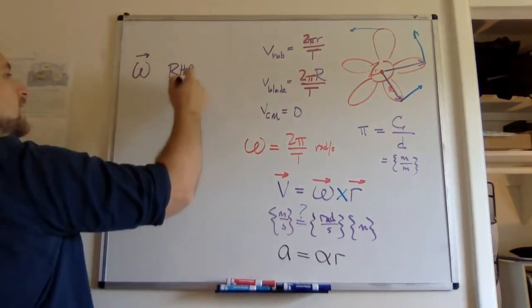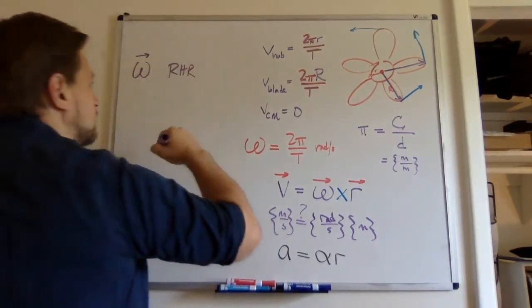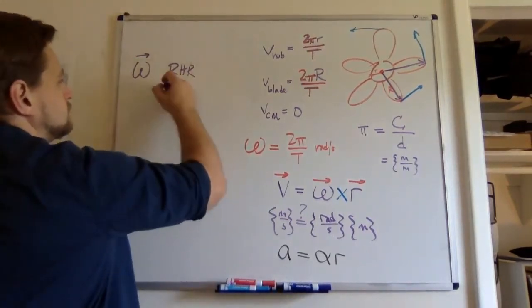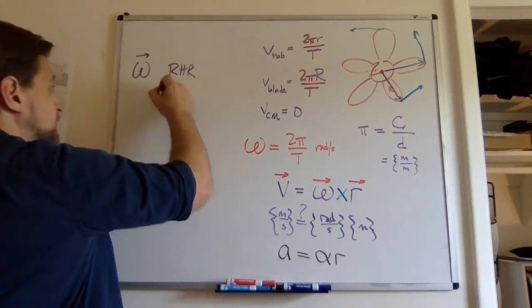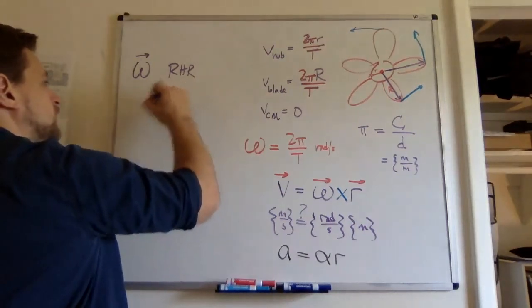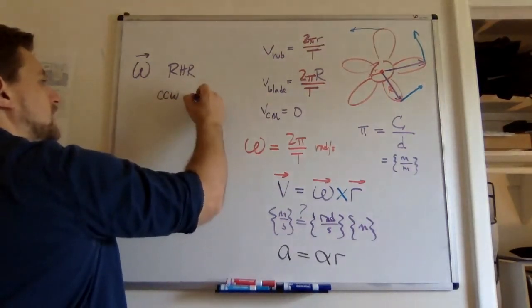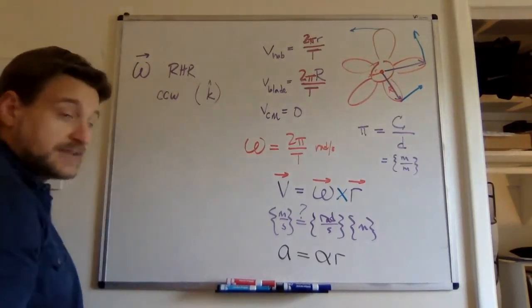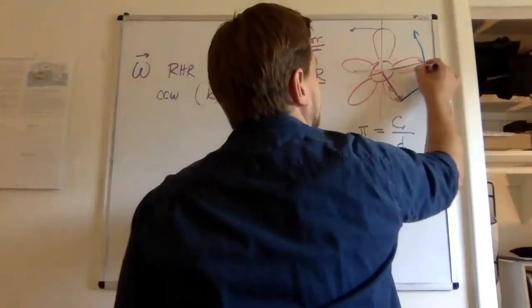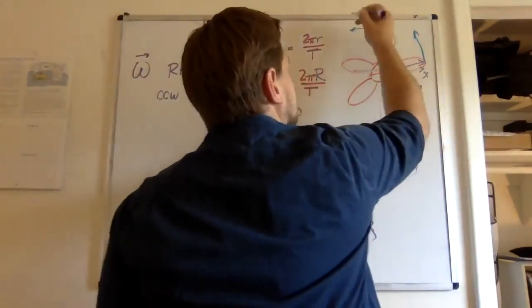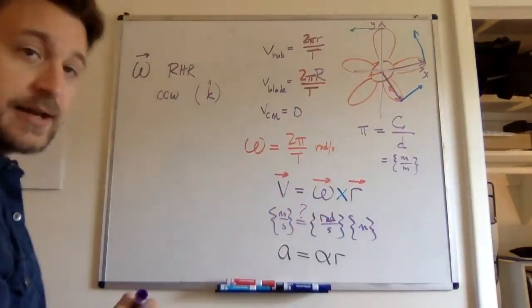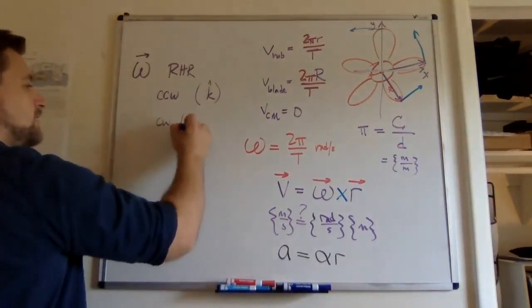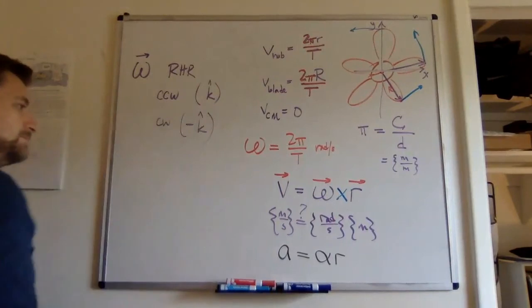Curl our fingers, and our thumb points in the direction of omega. If counterclockwise, it has the direction of k hat in the Z direction, as long as we're drawing our axes X, Y, and Z points out of the board back at the camera. If we're talking about clockwise rotation, we've got the opposite.